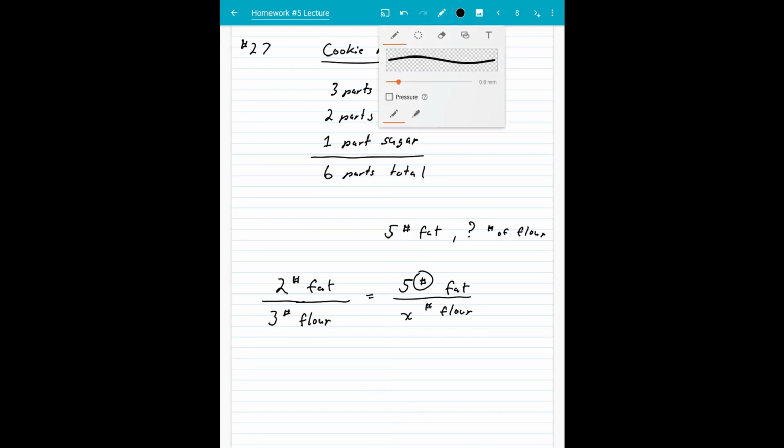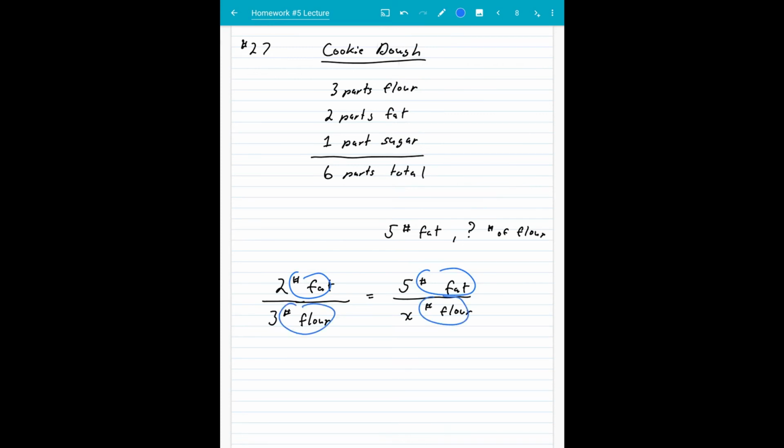Make sure the units of measurement match: pounds of fat to pounds of fat, pounds of flour to pounds of flour. Once we have our ratio set up, we cross multiply. 2 times x makes 2x. 3 times 5 makes 15. Divide both sides by 2. We end up getting x equals 7.5. What did 7.5 represent? It was pounds of flour.